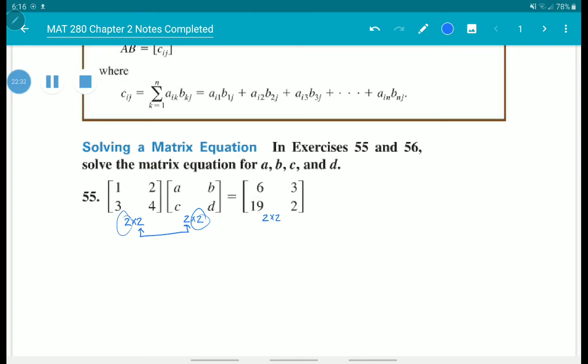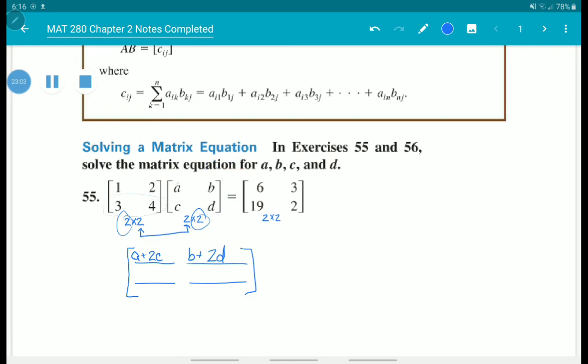If we multiply out, we're going to get a 2 by 2. So we're going to have 4 entries. So we're going to have 1 times A plus 2 times C. So 1A plus 2C. Now we're going to use first row, second column. So we're going to have 1 times B, which is B, plus 2 times D, which is 2D.